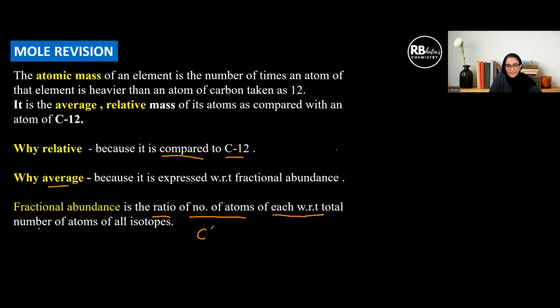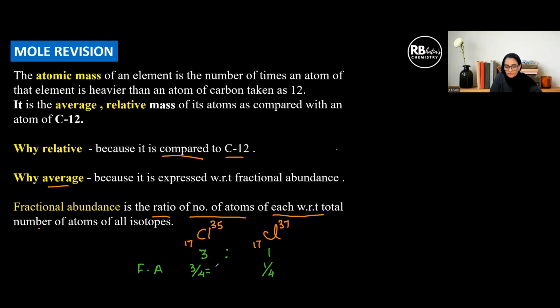For example, if you're talking about chlorine 17 35 isotope and chlorine 17 37 isotope, these in nature have been found to be in the relative abundance of 3 is to 4, which means the fractional abundance of chlorine 35 isotope will be 3 by 4 and that of Cl37 will be 1 by 4.